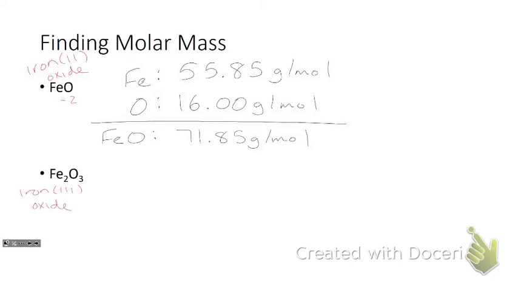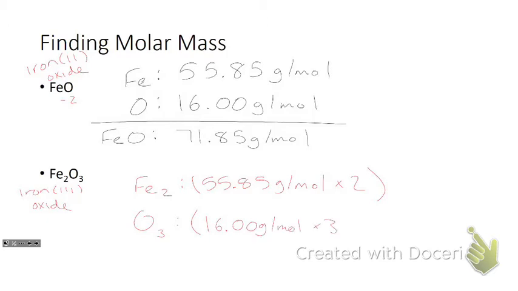Okay, so we have 2 irons. So we're just going to do 55.85 grams per mole times 2. And O3 is going to be 16 grams per mole times 3.